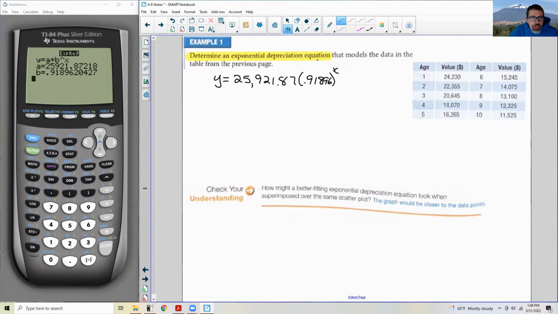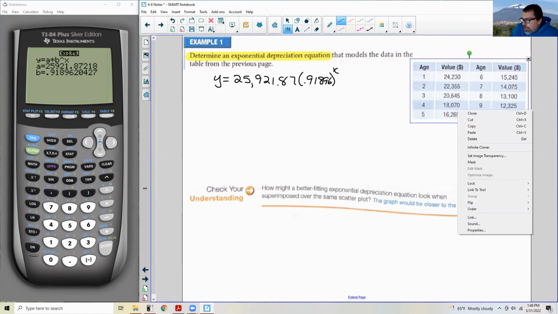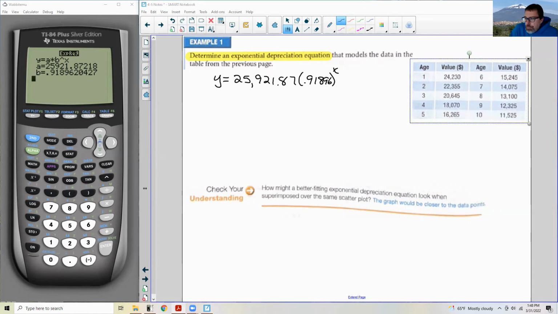Determine the exponential depreciation equation that models the data. So there it is. And if I rounded, B would have been 0.92. I could have rounded this to 0.92 to the power of X.